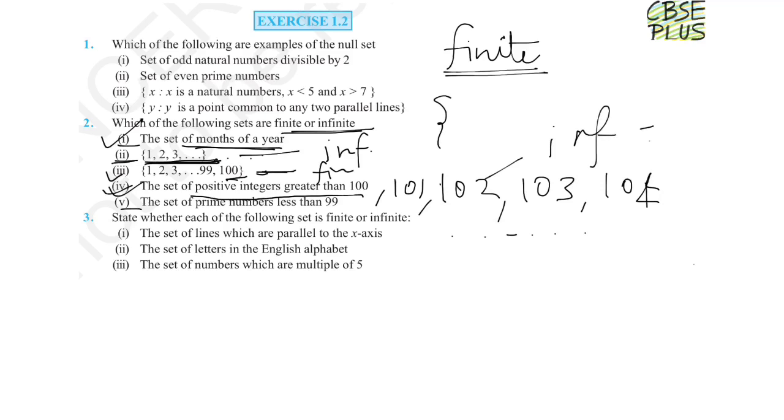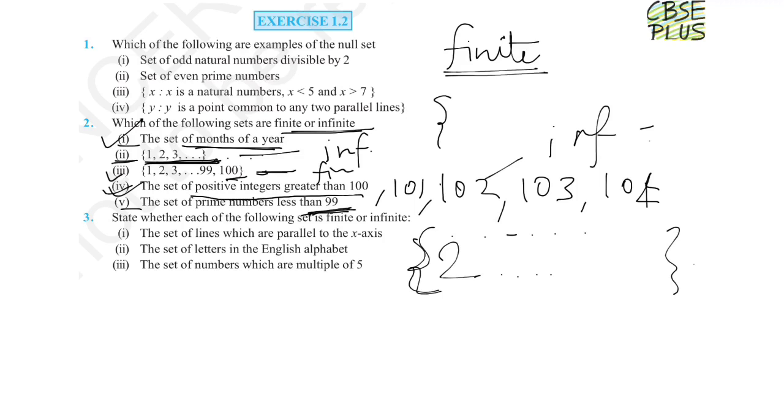Now we have the fifth question, the set of prime numbers less than 99. The lowest prime number is 2, and to form this set we have to find the other prime numbers which are less than 99.